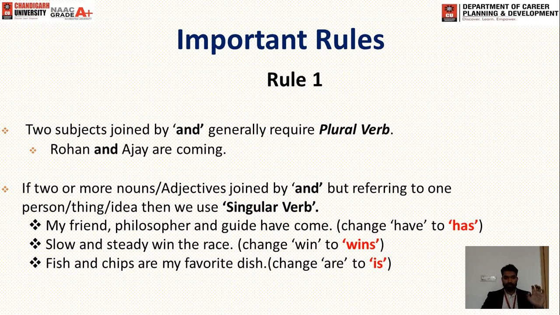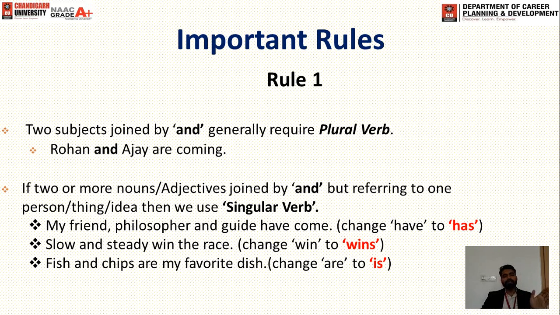But I cannot ask you to memorize all the rules and regulations, but you can have a simple idea regarding those things. Like this particular thing, if there are 2 nouns or, let's say, adjectives, they are joined by and, but actually they are referring to one person, thing or idea, that means they are actually one, they are used for one person, they are used for one place or something like that.